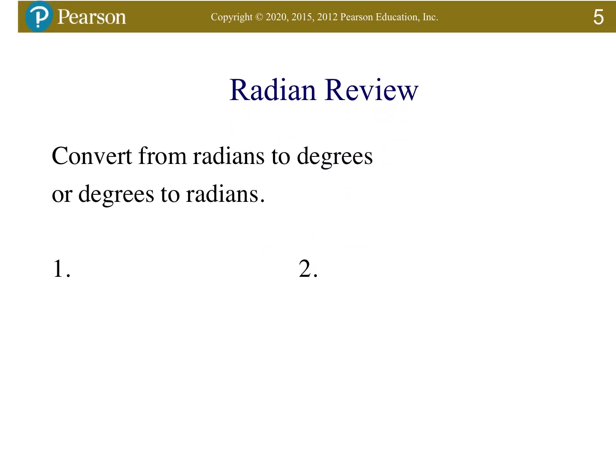All right, so quick review from trig on how to convert from radians to degrees or degrees back to radians. So if I start you out with pi ninths in radians and I ask you to give me the equivalent in degrees, what do you do? Okay, so you're thinking multiplying by a conversion factor.